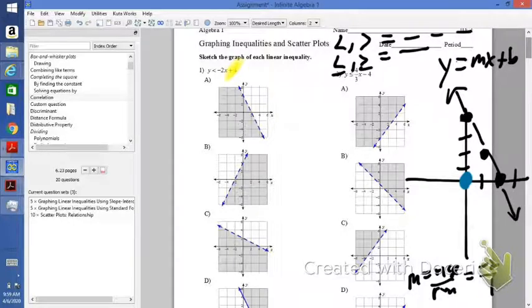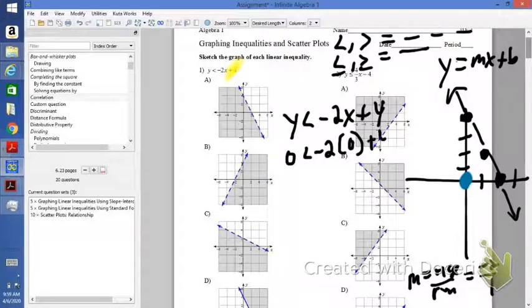What we're going to do is plug in 0 for y and 0 for x. So we have y less than negative 2x plus 4, and we plug in 0 for y and 0 for x. Okay, so we have 0 less than 4. Is that a true statement?